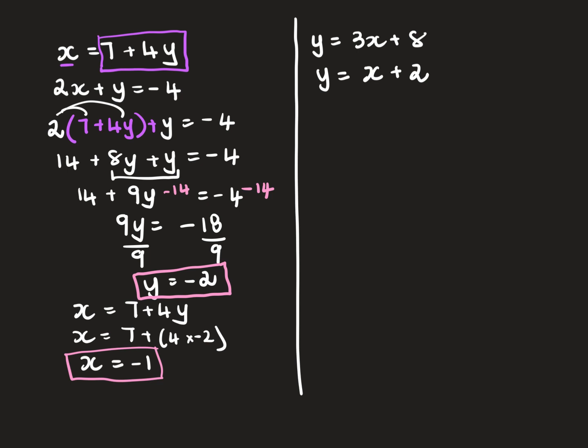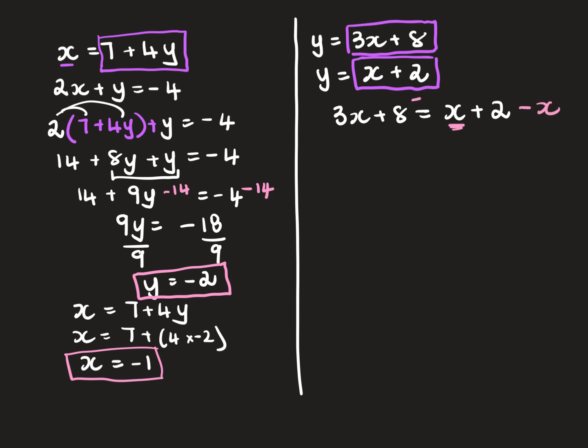For this other one here, we've got y is equal to this and y is equal to that. So this 3x plus 8 is equal to x plus 2. Okay, what am I going to do to solve this now? I've got this x here. Let's take x off both sides.